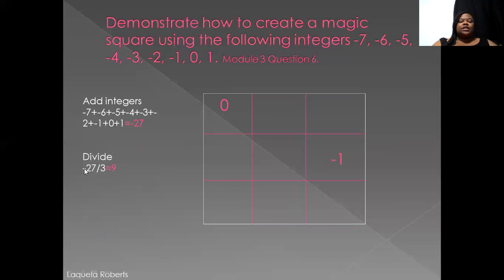Then we divide -27 by 3, which equals -9. So our magic number for this will be -9. You have your -5, your -4, your -7, your -3, your 1, your -2, your -1, and your -6.